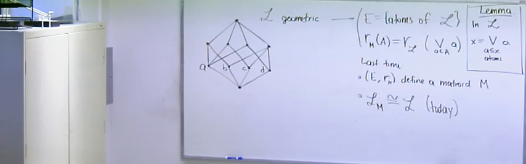But I'm starting with F, which is in the lattice of flats. That means F is a flat. So it's just a subset of my ground set, and my ground set is a bunch of atoms. In other words, F is just a bunch of atoms.